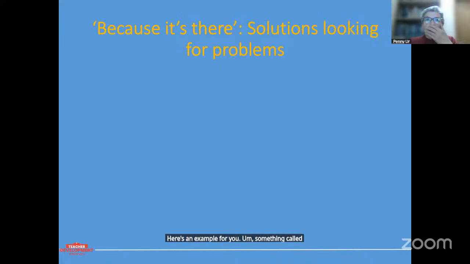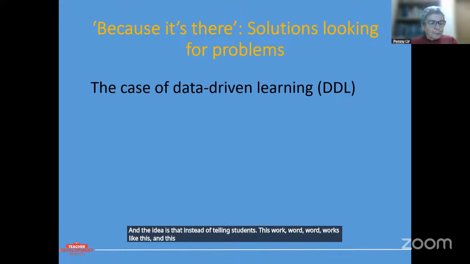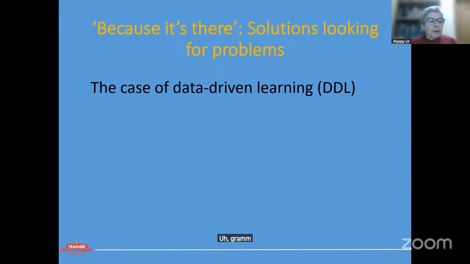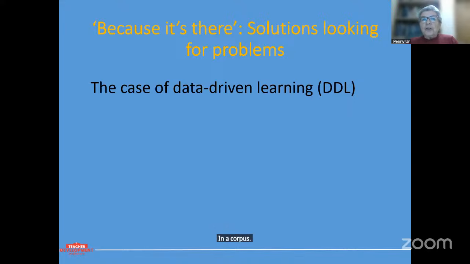Something called DDL, data-driven learning. The idea is that instead of telling students this word works like this, and this grammar works like this, or these are the collocations of this particular word, you tell students to look up a concordance, a list of occurrences of a particular item in a corpus, a huge database of English texts, and find out for themselves what is the most common way something is used or what other words it tends to go with.